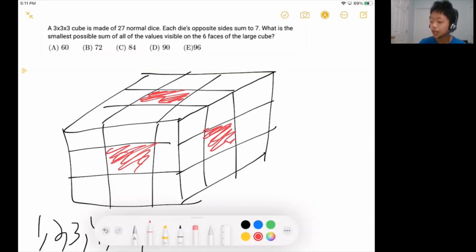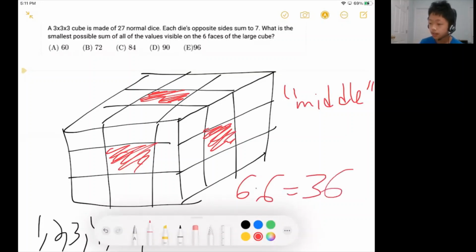We know that there are going to be 6 of these middle squares, and each of these squares can be a maximum of 6. So 6 times 6 would give 36.